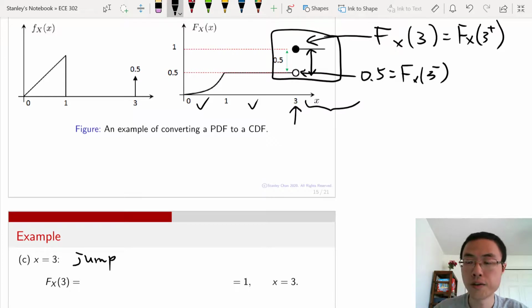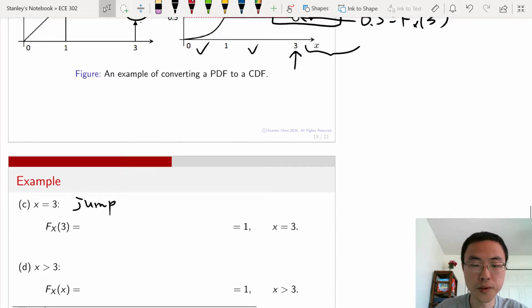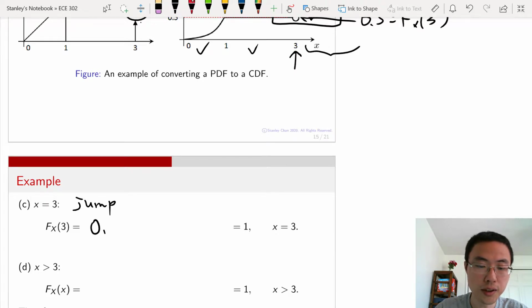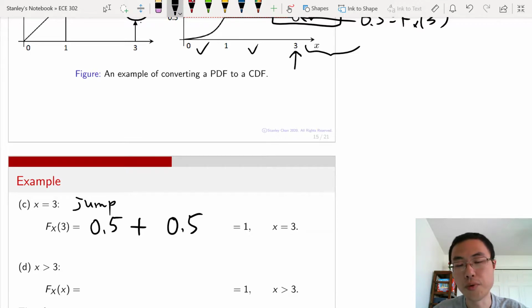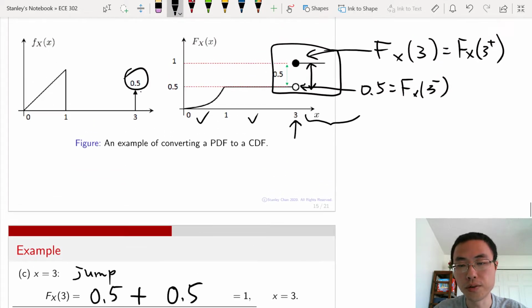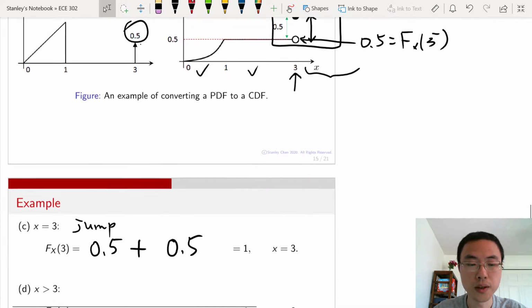So how do we do this? This Fx at 3 is actually starting from 0.5, and then you add this 0.5, so that will give you 1. So you have 0.5, add another 0.5, that will give you 1. So you can see this from the diagram.